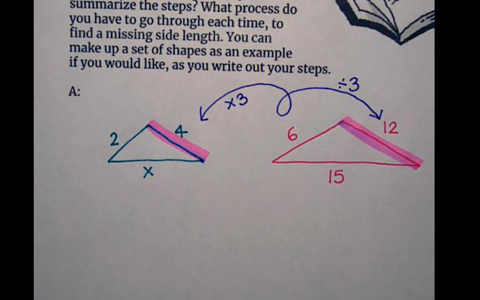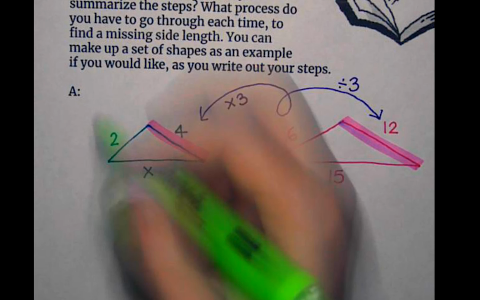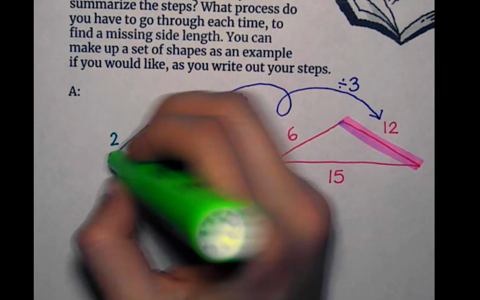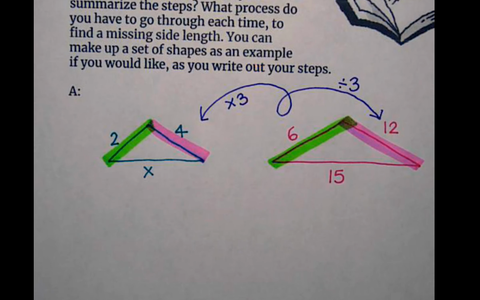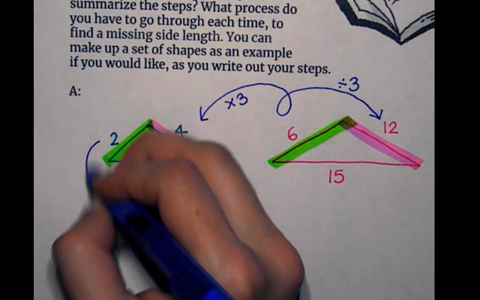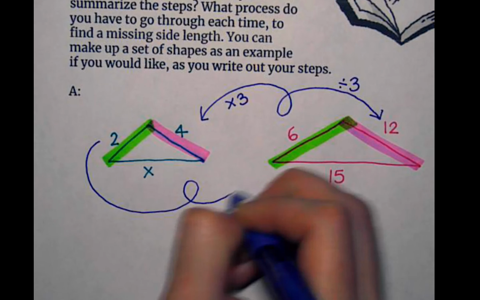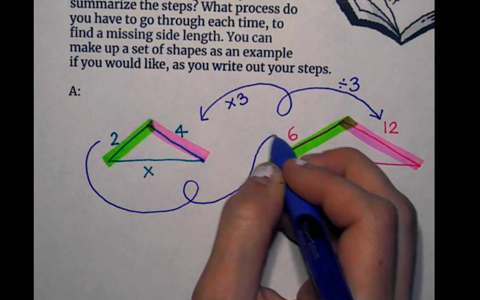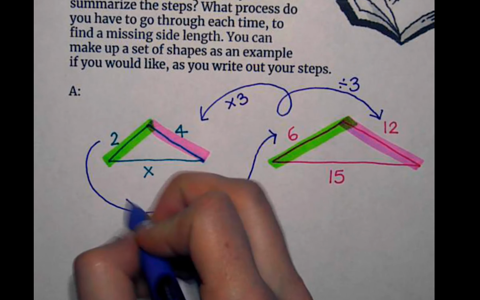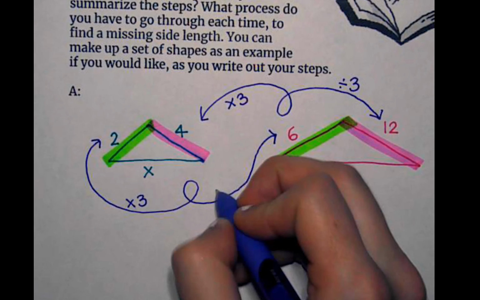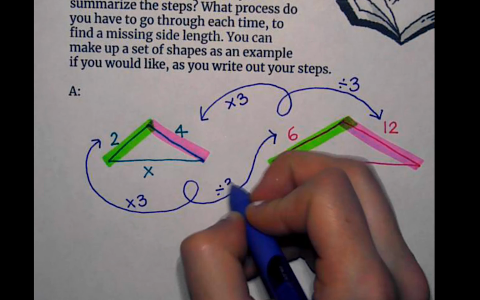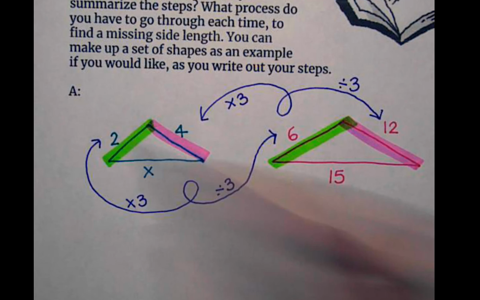It goes both ways. The 2 to the 6, the same thing. 2 times 3 is going to equal 6. But if I go the opposite way, it's going to be 6 divided by 3 is going to equal 2.